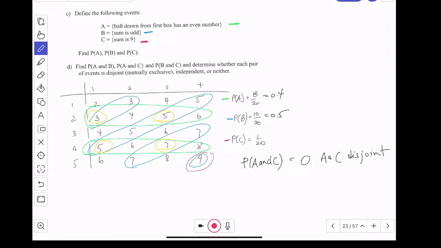And finally, what about B and C? The blue and the red, yes, they do overlap, and they are 1 out of 20. So now that it's overlapping, we can ask the question, is it independent? We can check.